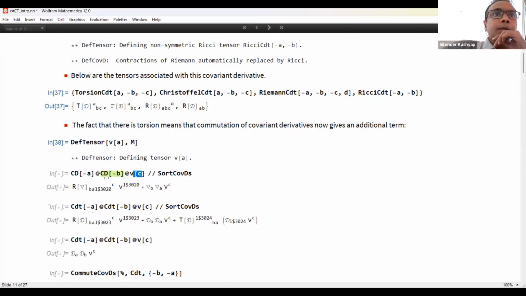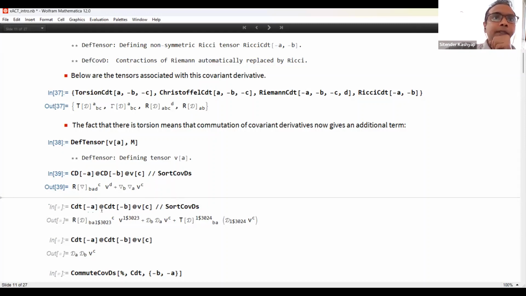Then you act with covariant derivative A, and there is a command called SortCovDs, which essentially commutes the covariant derivatives if it has to. So we defined grad A, grad B, VC. It has converted it to grad B, grad A, but with the additional Riemann tensor that all of us are familiar with. So this is the result.